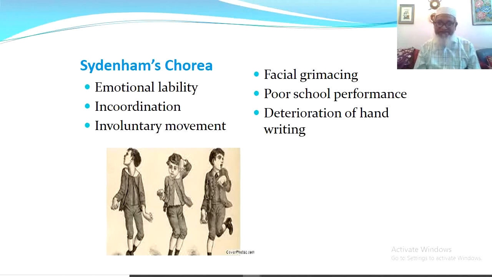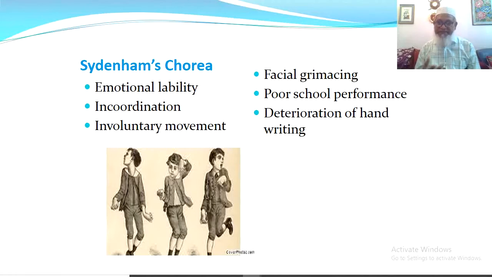Sydenham's chorea is also an important feature, and this feature by itself is a diagnostic criterion of rheumatic fever. In this case, you will get emotional lability, incoordination, and involuntary movements.